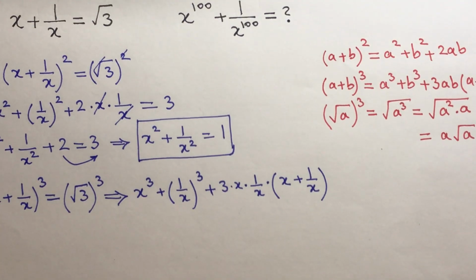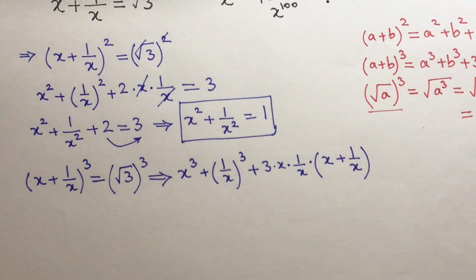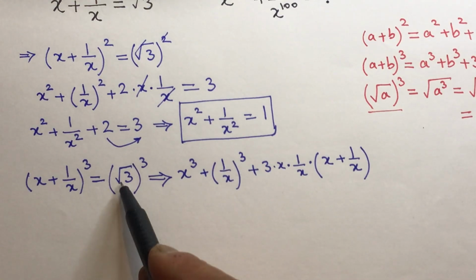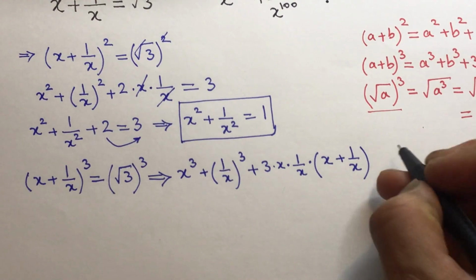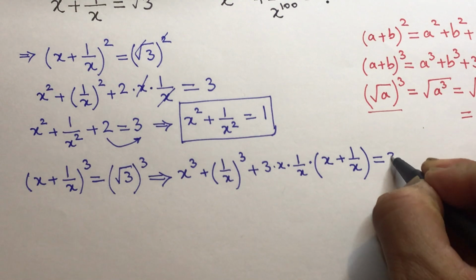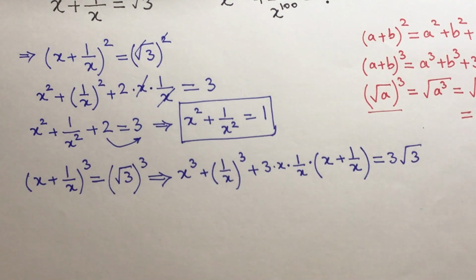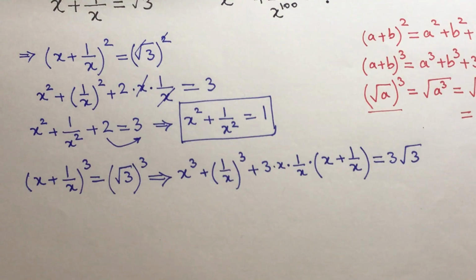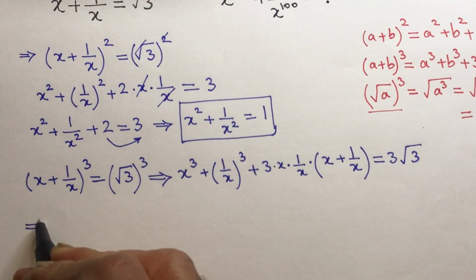Now I can use this radical formula for the right side. So here I can write, instead of the square root of 3 to the power of 3, 3 square root of 3, by considering this formula here.